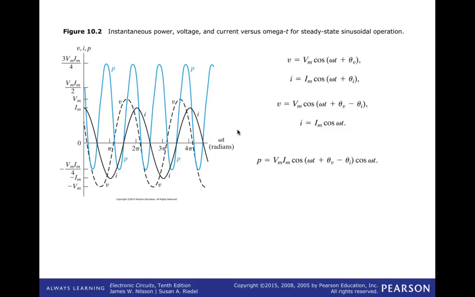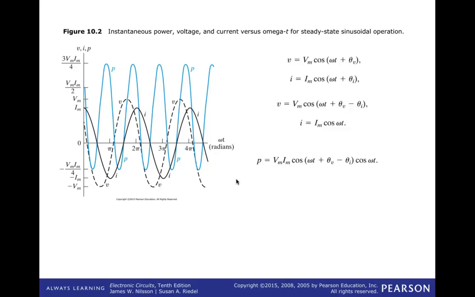So you have some ability in working with AC to define where t equals 0. For that case, if we were to call the phase angle on the current 0, then for this problem the phase angle on the voltage becomes theta v minus theta i. And then we can take the product of these two and get an expression for power.